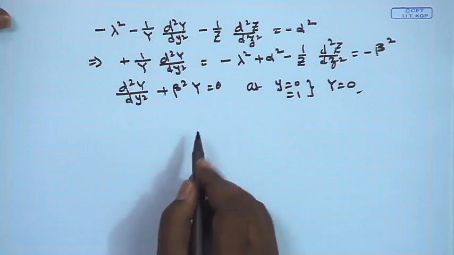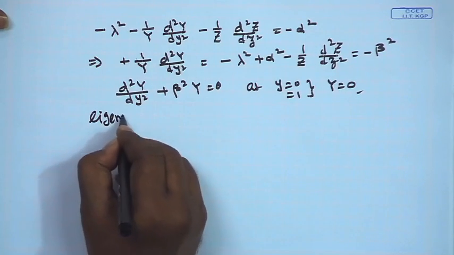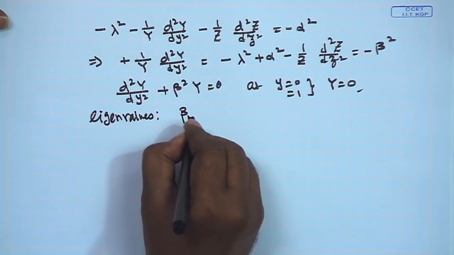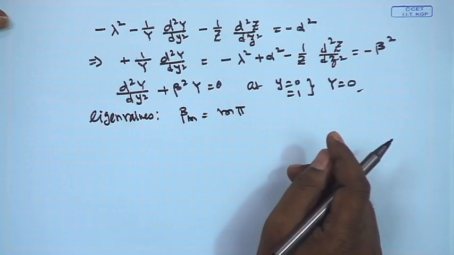So, we know the solution of this. The eigenvalues of this problem are beta m equal to m pi, because we have all homogeneous boundary conditions in all the 3 directions. We can construct the standard eigenvalue problems, which are independent of each other in all directions.